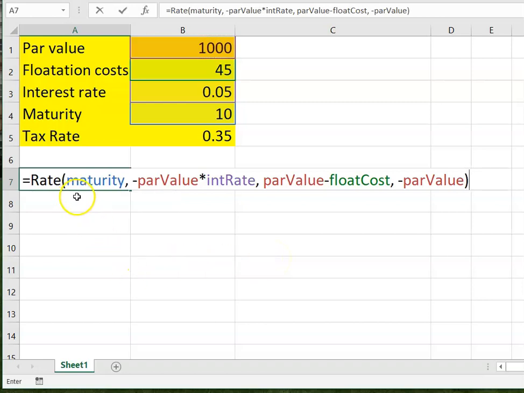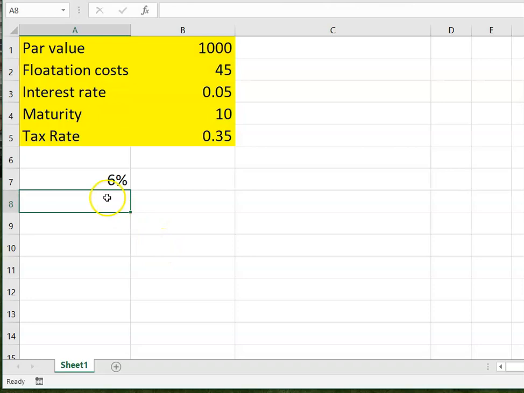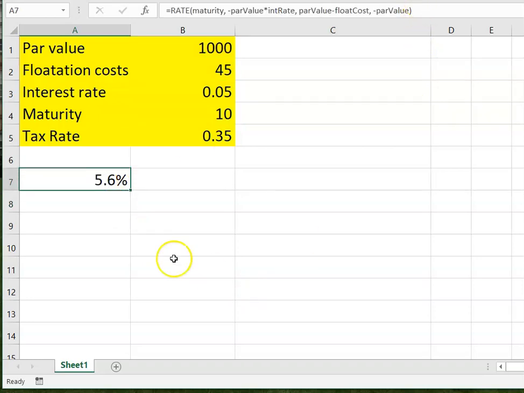All right, so I'm going to calculate the rate just like I was doing a yield to maturity, although I'm doing it from the viewpoint of the business. If I was doing it from the viewpoint of the investor, I'd switch the positives and negatives around. And what do we get? 6%, or if we add another decimal point, 5.6%. But that's not our cost of capital.